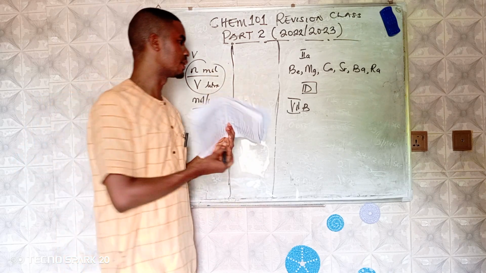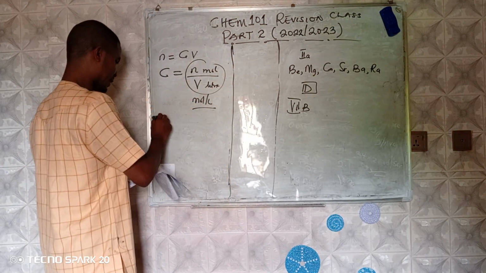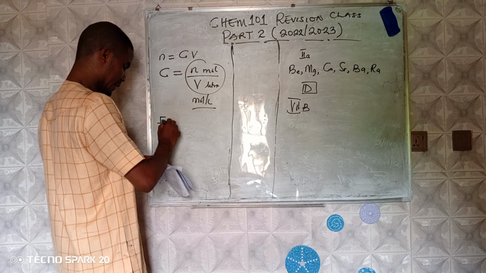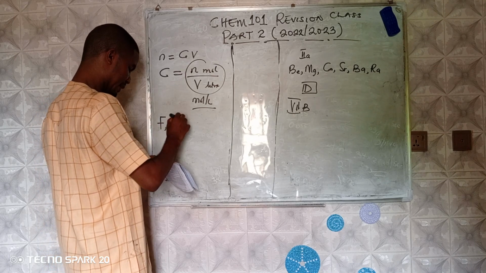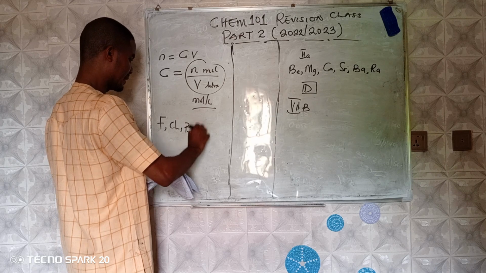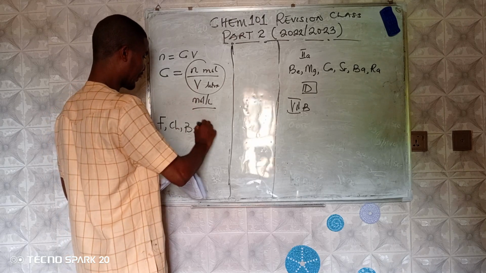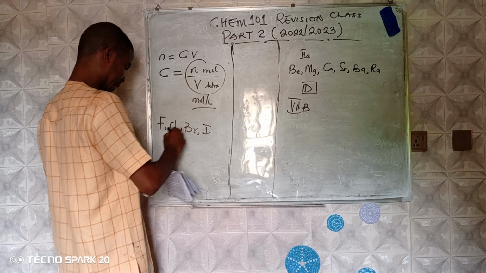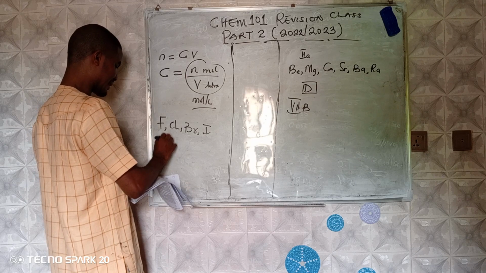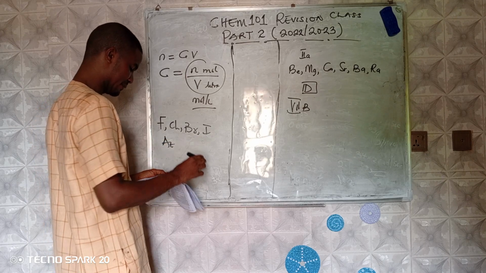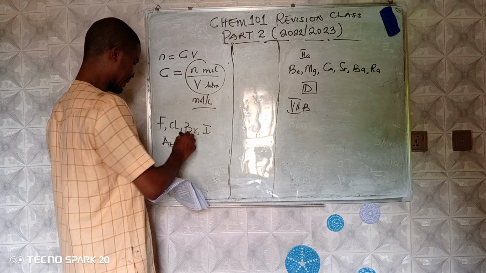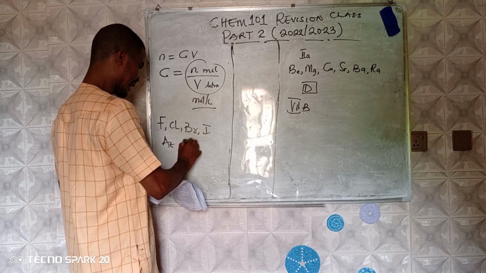They include fluorine, chlorine, bromine, iodine, astatine, and tennessine, TS.